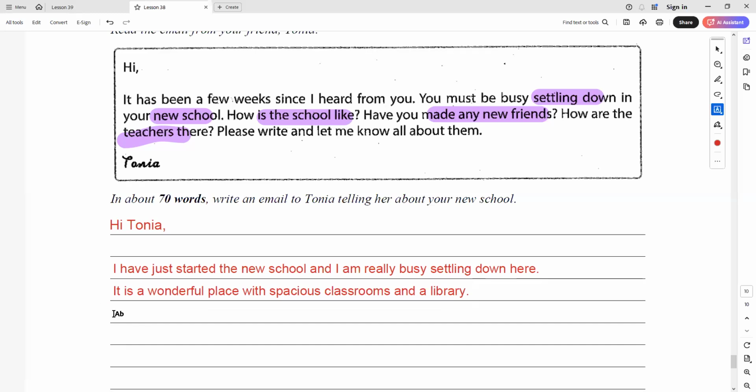You can say that the school is big, with great facility to assist students in learning.